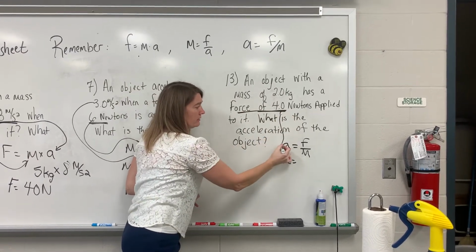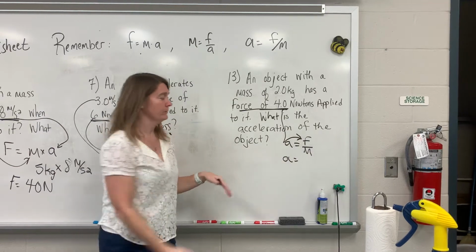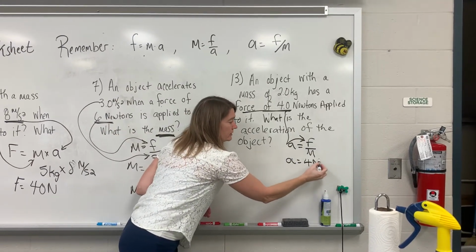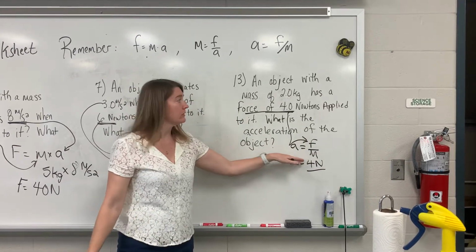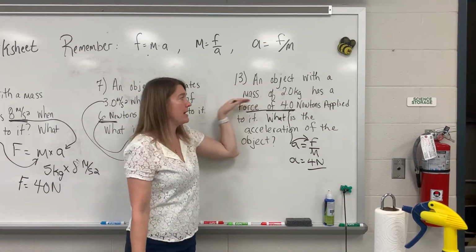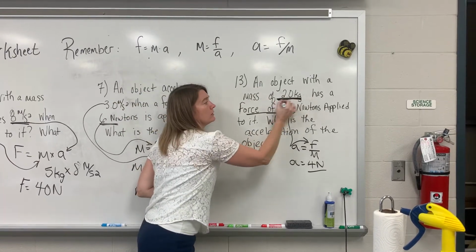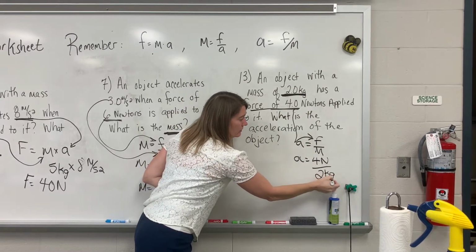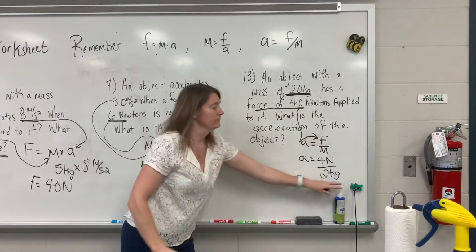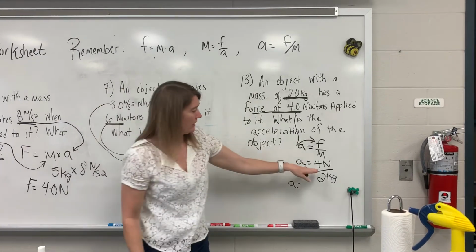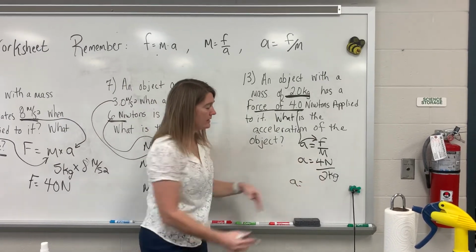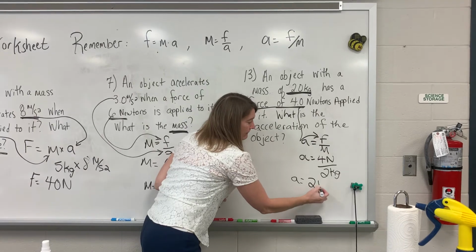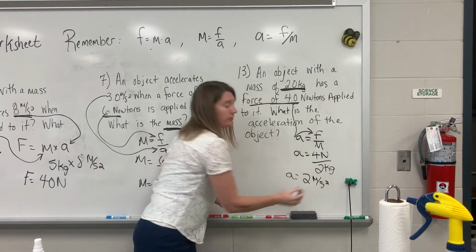Take that, put it for F. 4 newtons. Take mass. You got to read the question. An object with a mass of 2. Put that for M. Your acceleration is force divided by mass, which is 2 meters per second squared.